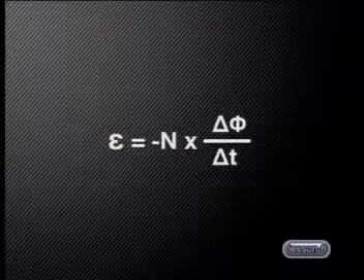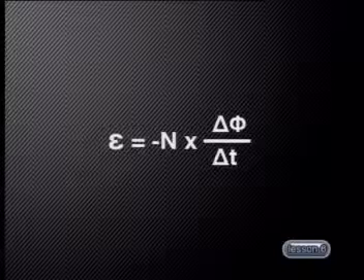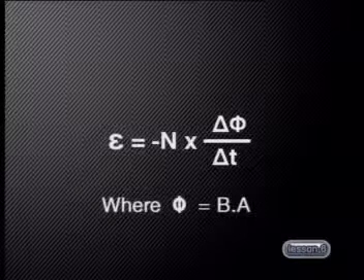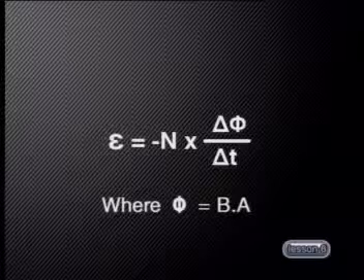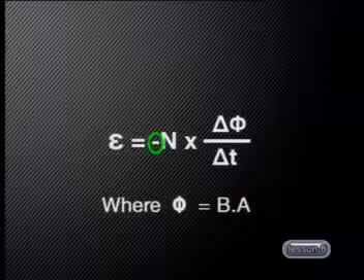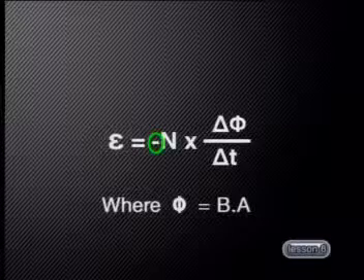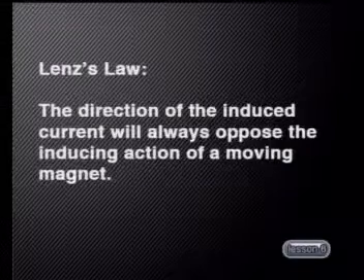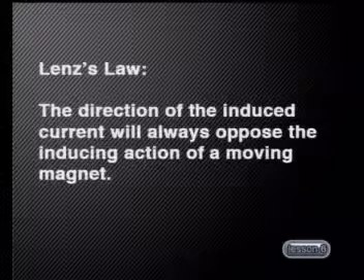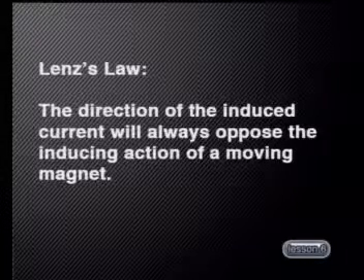We also showed that Faraday's law can be expressed mathematically as E equals minus N times delta phi over delta t, where phi equals the magnetic flux B times A. Remember, the minus sign indicates that the direction of the induced EMF is opposite to the rate of change of flux, since the induced EMF opposes the change in magnetic flux according to Lenz's law.